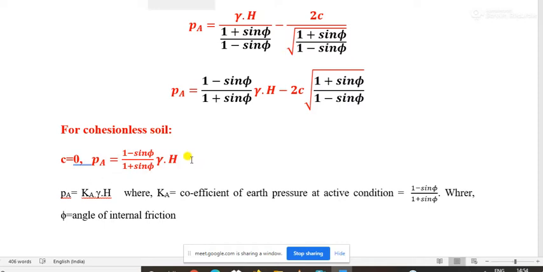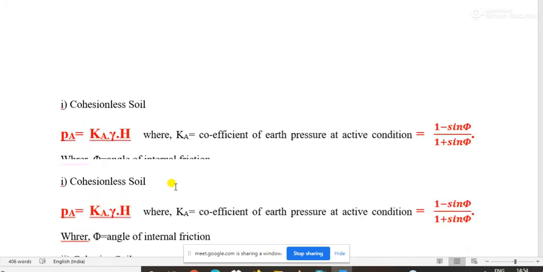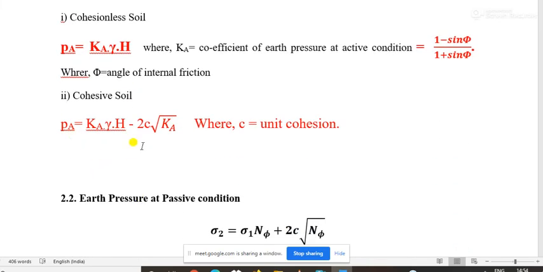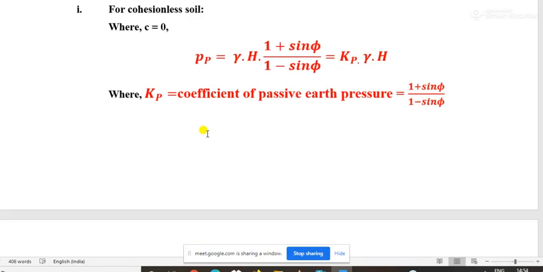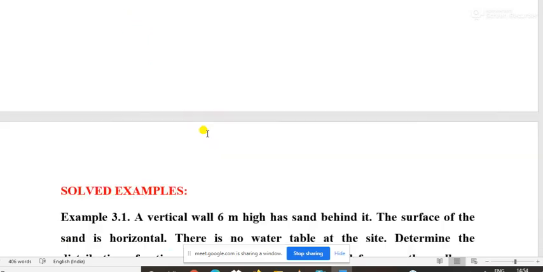This is the equation for cohesionless soil where the value of C is equal to 0, and this is the equation for active earth pressure for cohesive soil. This is for cohesionless soil, this is for cohesive soil. Now you may write down the equations in your copy.